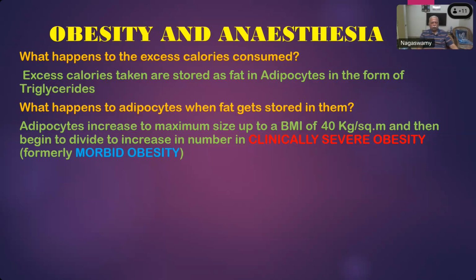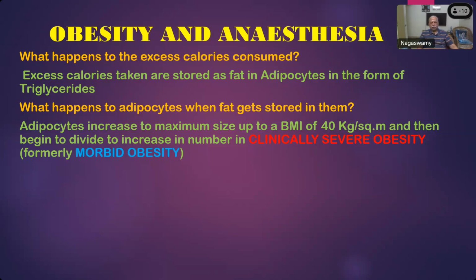I hope all of you would have heard about this procedure, and some of you would have had a chance to witness this surgery also during your training. So the concept earlier was that the number of adipocytes is determined. So if you suck out the fat globules and adipose cells from the body, then the person cannot put on weight in the same place.